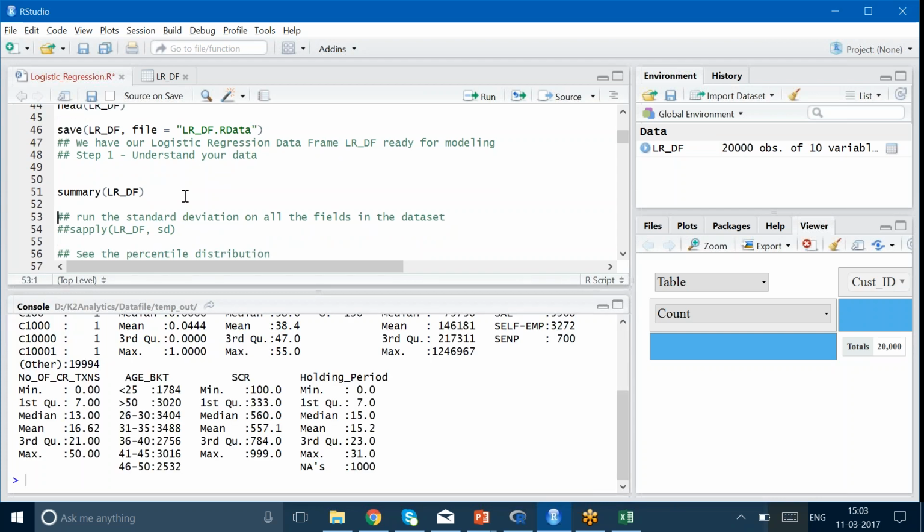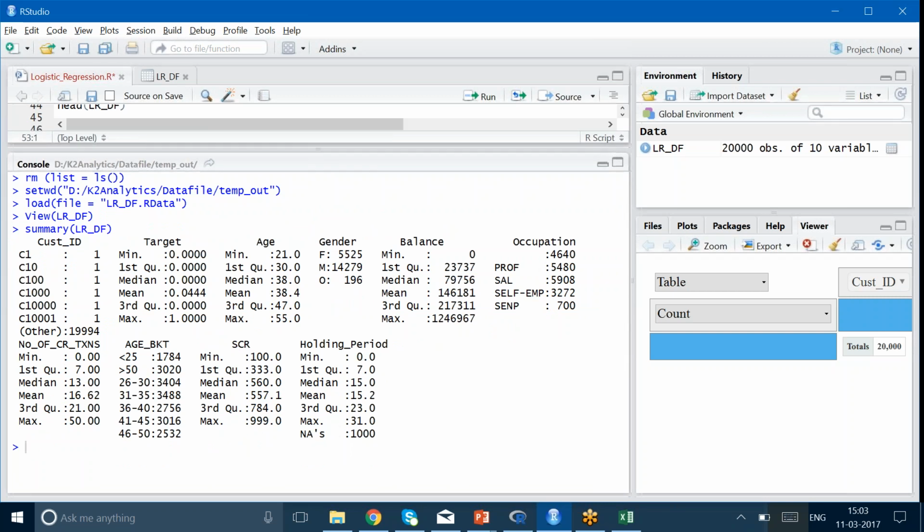Control R. The moment I run this summary function, it gives me a quick summary of the entire data. So let us try to understand each and every aspect of it.